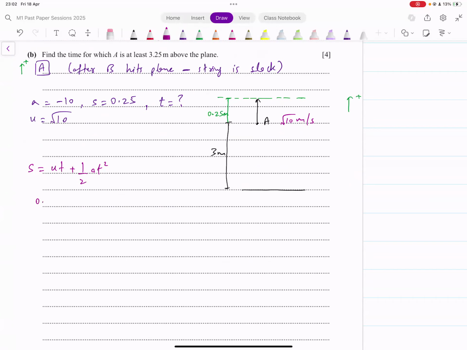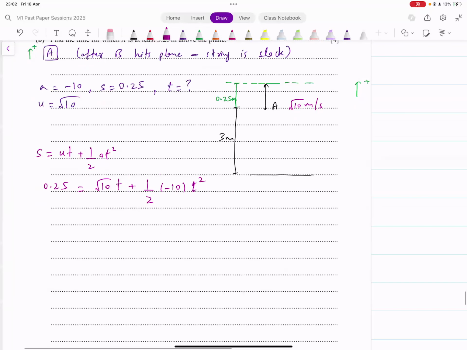S is 0.25, u is square root of 10, so 0.25 equals square root of 10 times t plus 1 over 2 into minus 10 into t squared. That is 0.25 equals square root of 10 t minus 5t squared, so 5t squared minus square root of 10 t plus 0.25 equals 0.